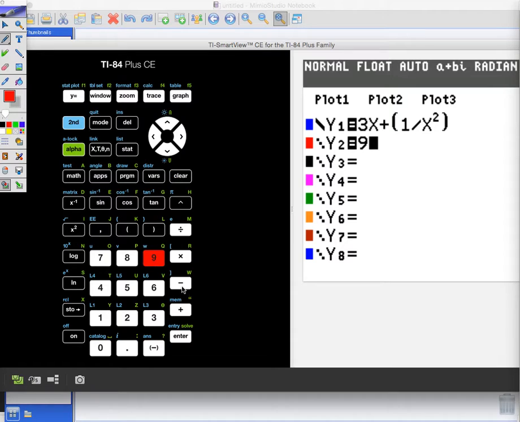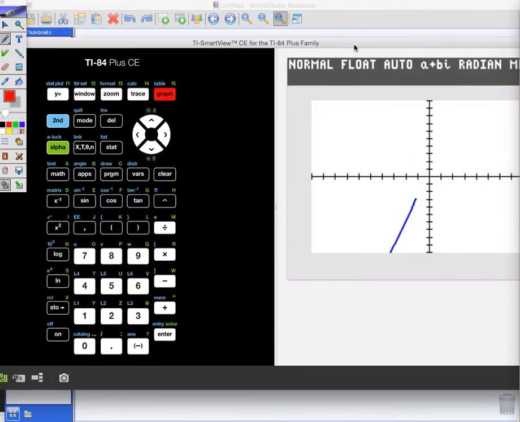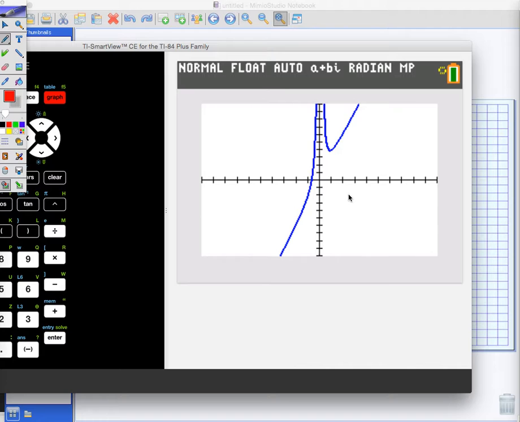I know it says to do it by hand, so you should definitely do it by hand, but this gives you an idea of what that graph looks like. So if we hit graph, you can see this is our line 9 minus 3x, and it's intersecting in 1, 2, 3 places. So you would look on your grid and see approximately where those points are, those points of intersection.